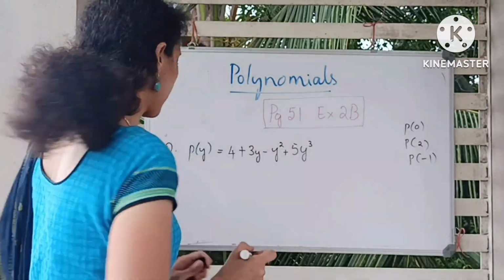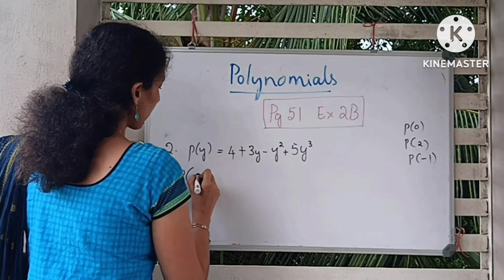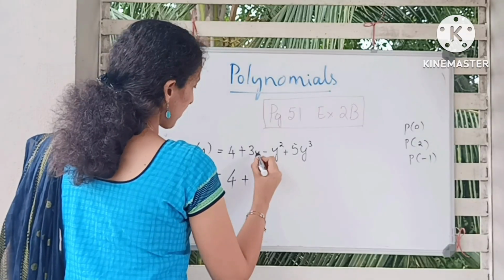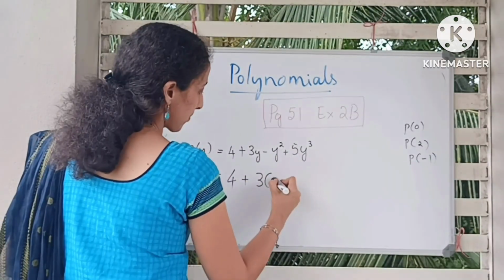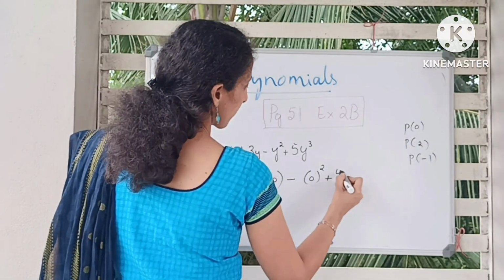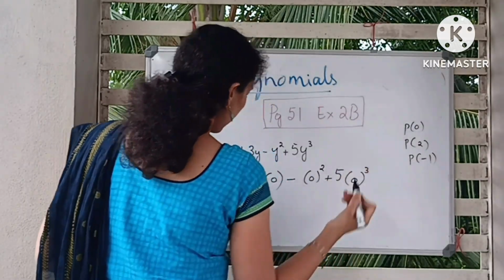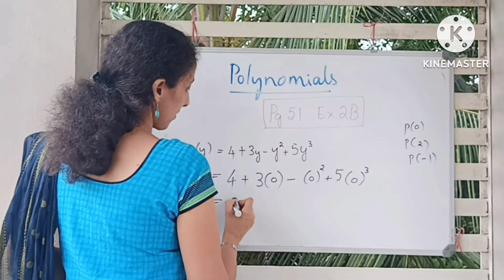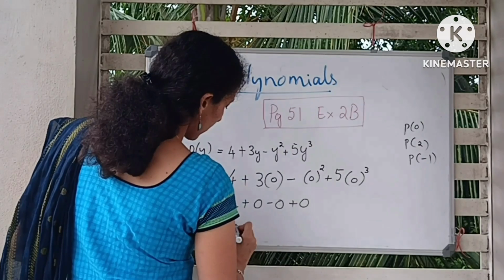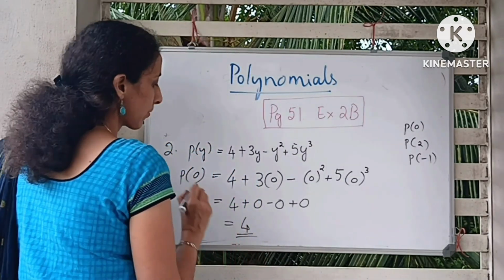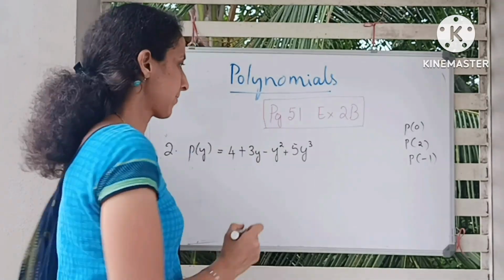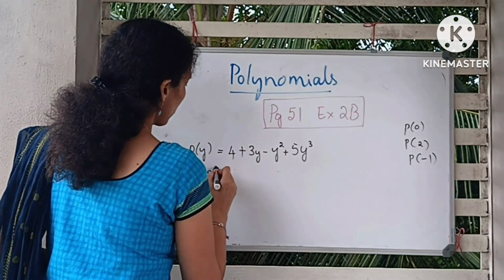First let us find P of 0. So here P of 0 equal to 4 plus 3 into, wherever I find y I put 0, minus 0 square plus 5 into 0 cube. This becomes 4 plus 0 minus 0 plus 0 is equal to 4. So P of 0 is equal to 4. Now let us find P of 2.